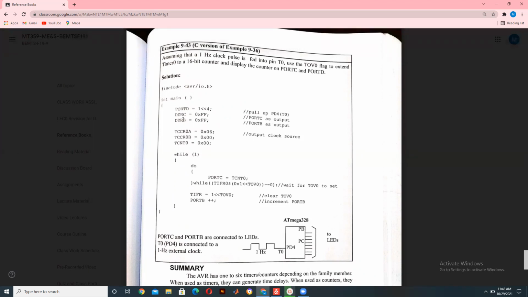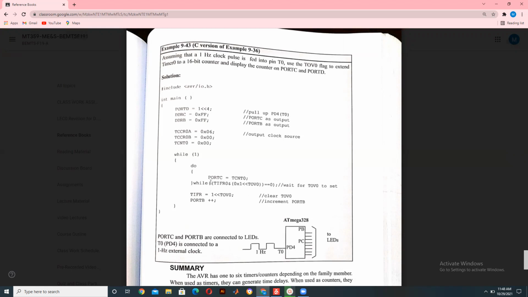Then DDRC is equal to 0xFF, which means PORTC is the output and PORTB is also output. And then we take the clock source as an input.